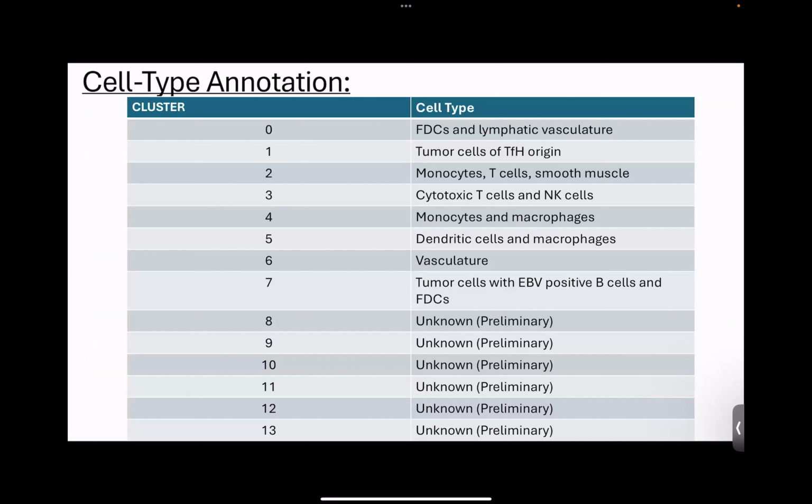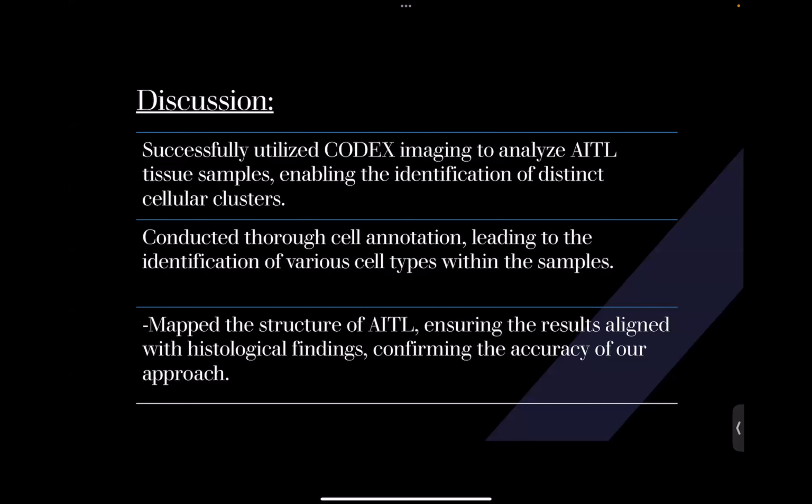So these were some of our cell type annotations, and we were able to assign a cell type for the different clusters. We were able to identify most using the markers that they were expressing, but some of them, like clusters 8 to 13, were unknown or mixed, so that it was really difficult to distinguish them from other cell types.